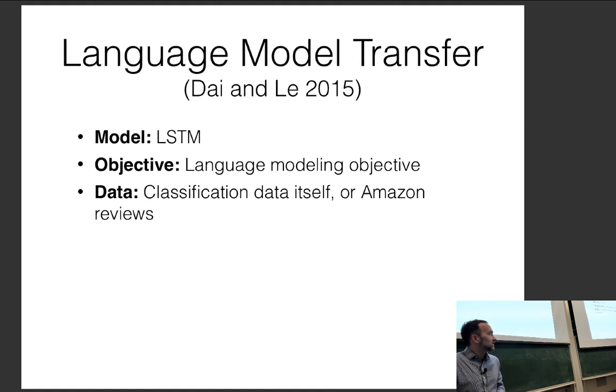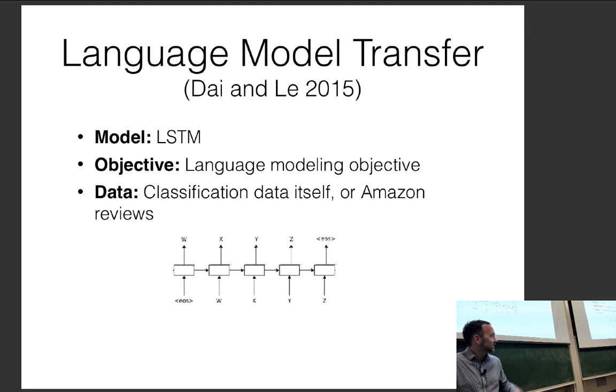They trained the model either on the classification training data that they were using for a text classifier, or on a big extra set of Amazon reviews. The model, I don't even know if I needed this diagram, it's just the LSTM.